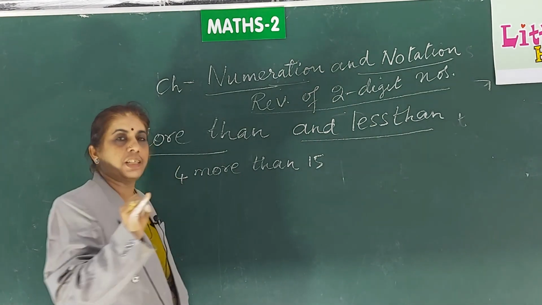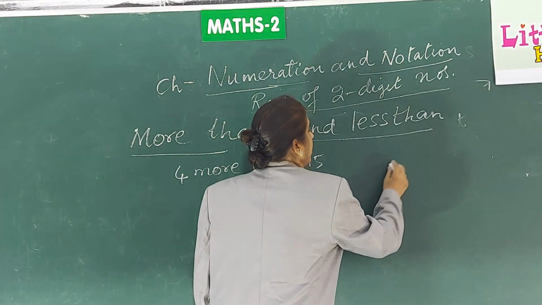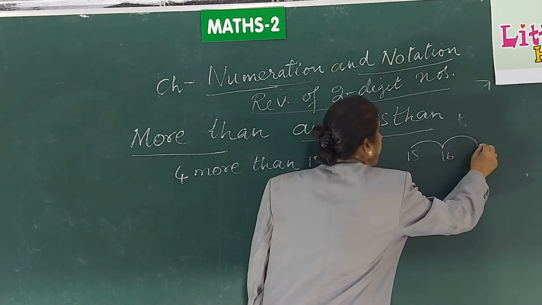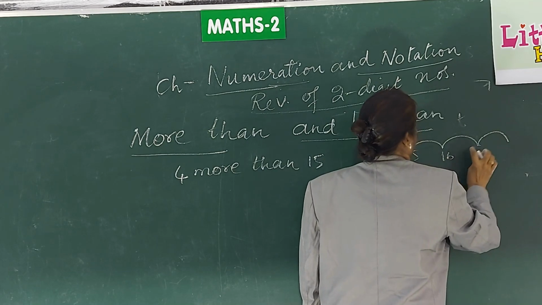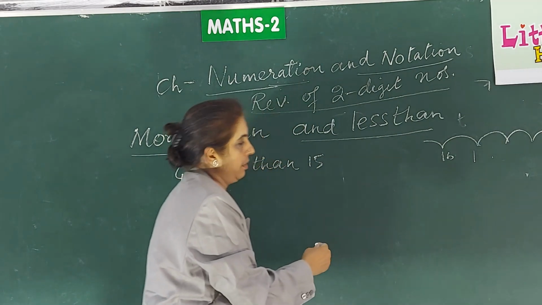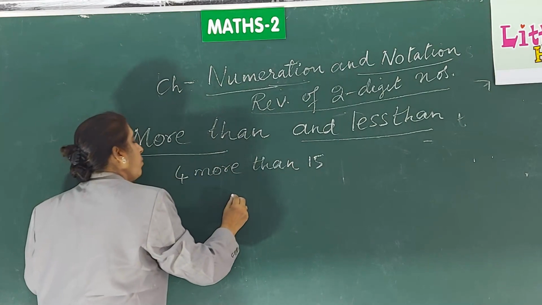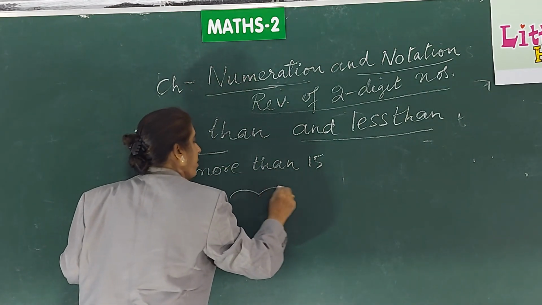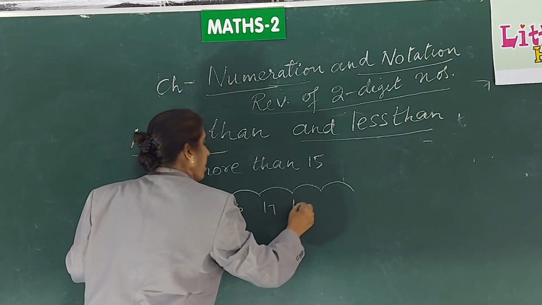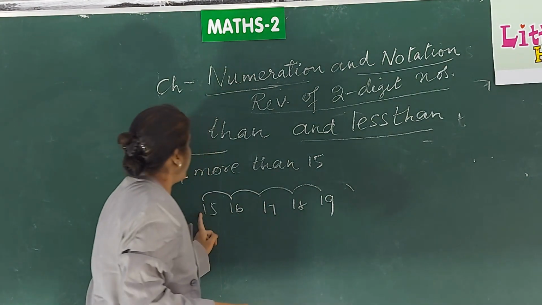After 15 comes 16, 17, 18, 19. 15, 4 steps forward. 4 more than 15 is 4 steps after 15.